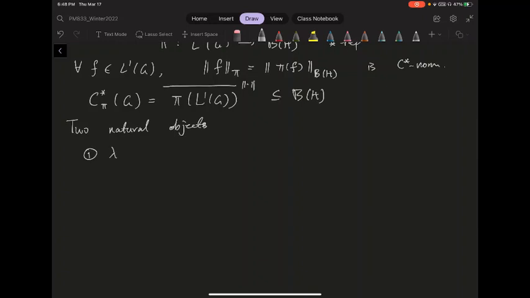The first one is the one we study the most, the left regular representation. If I let lambda be the left regular representation, then I let C star lambda of G be the following.